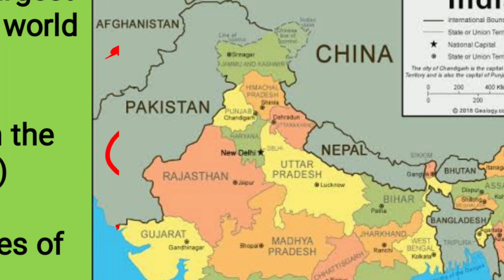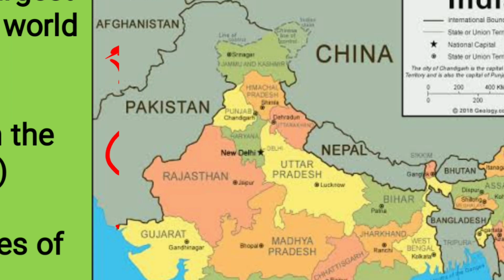This whole portion is bordered by China. This is the boundary of Uttar Pradesh and Bihar, you can see Nepal. So that means 1, 2, 3, 4.